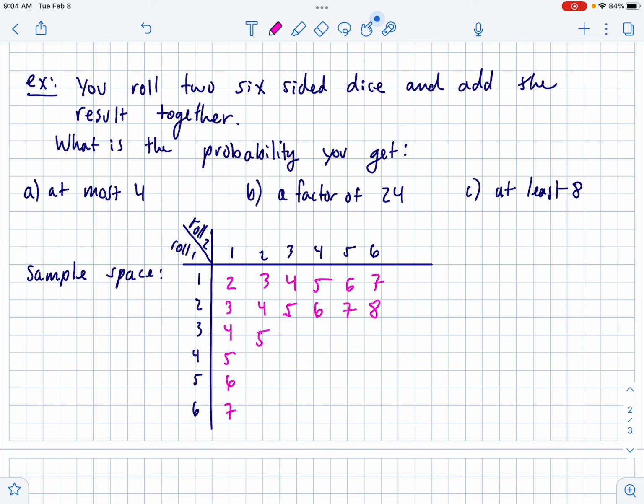And then it will go down this way as well. 5, 6, 7, 8. 3 and 3 is 6. 7, 8, 9. 4 and 4 is 8, 9, 10, 9, 10, 10, 11, 11, 12. So, you guys, all those numbers means that there are 36 possible rolls.